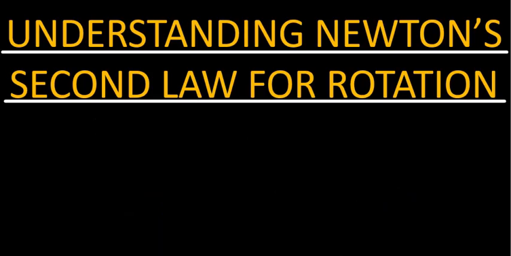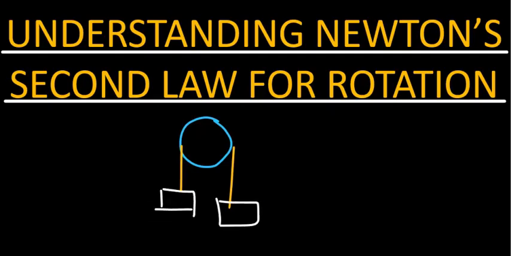What about for rotation? Let's assume you have a pulley. You have a cord that is passing over the pulley on both sides like that, and you have objects connected to both sides. So these objects could have a different mass. Let's say the one on the left is 2 kg. The one on the right is, let's say, 3 kg.